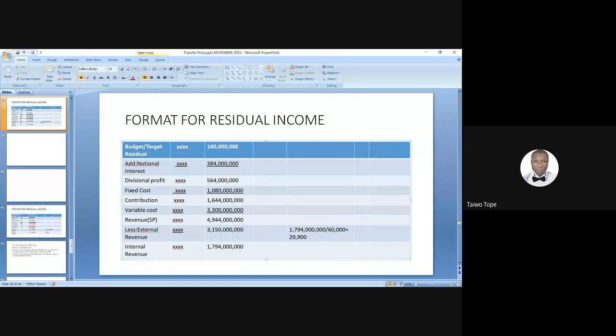We'll look at a case where the transfer price should be based on opportunity cost. When the transfer price is based on opportunity cost, we will not follow this approach. Take note: it is when the question tells you target residual income that you follow this format.